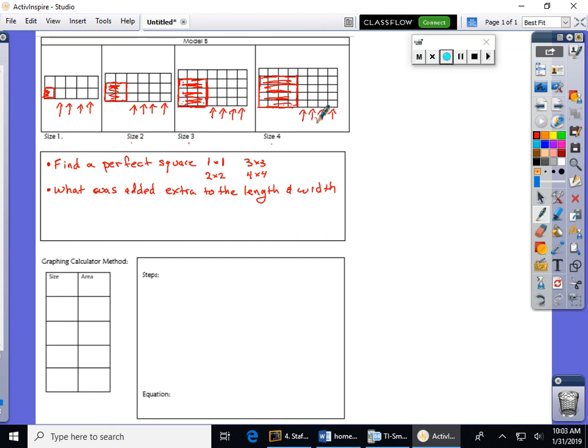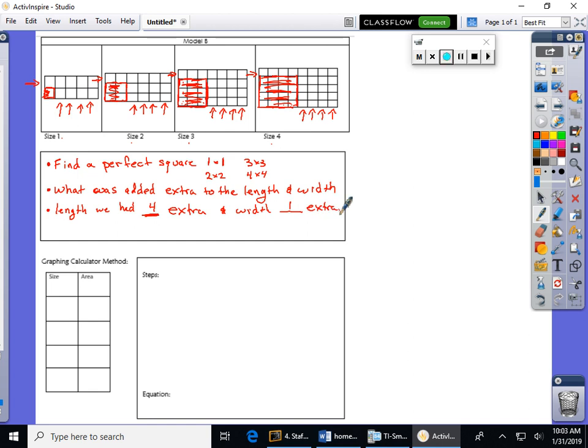And then the other side, each time we had 1 extra column or 1 extra row. So we find what was added for the length and the width. For the length we had 4 extra, and for the width we had 1 extra.